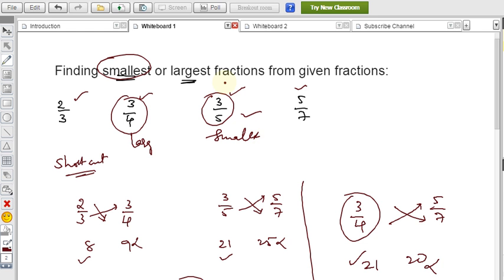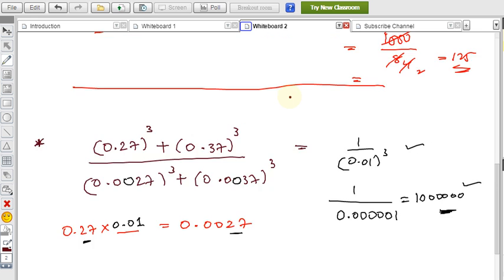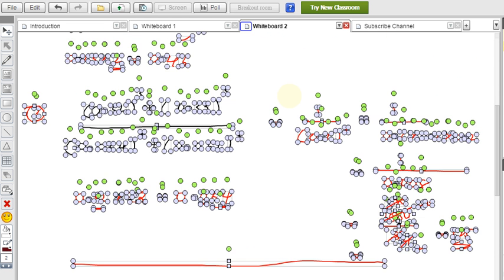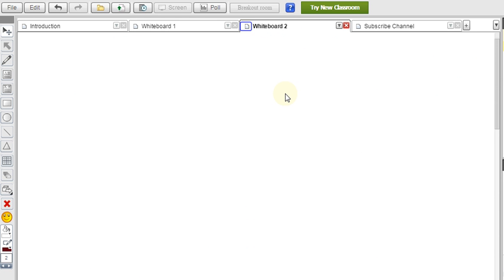So let me explain a similar question with a different method, so I'll show two methods. To find the smallest or largest fraction, or the smallest or biggest fractions, find small and big, both.